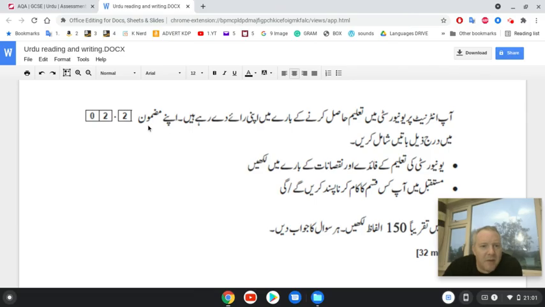I can hear it in my mind but I can't say it. In your article, include the following. So it's basically telling you to choose one of these.